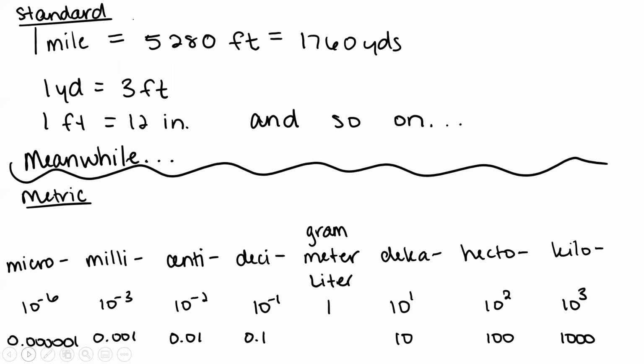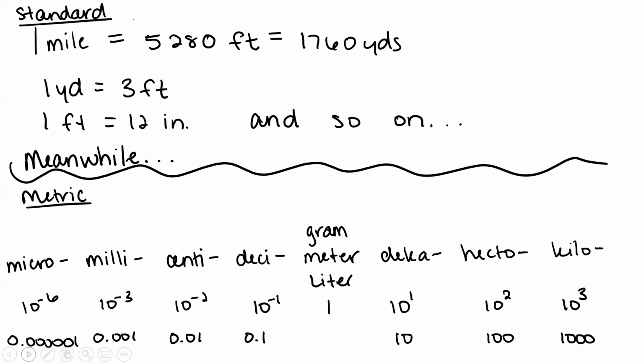If we wanted to know what this was in centimeters, we know that there are 100 centimeters in 1 meter. That in itself is a conversion factor. If we had 2 meters, we could just multiply by that 100 to get us into centimeters. And this is true as we go up and as we go down.